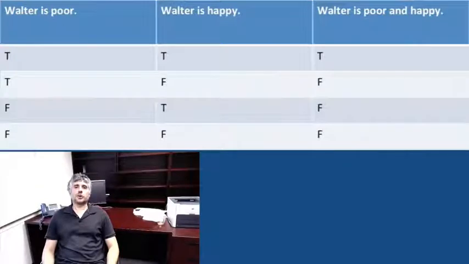In a situation where the first premise, Walter is poor, is true, and in which the second premise, Walter is happy, is true, in that situation, the conclusion Walter is poor and happy is going to have to be true. So there's no possible way for the premises of that argument to both be true while the conclusion is false. And so that argument is also valid.